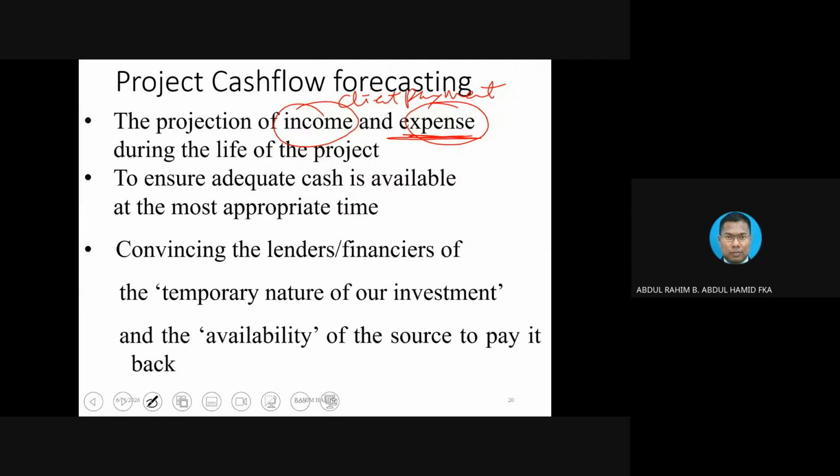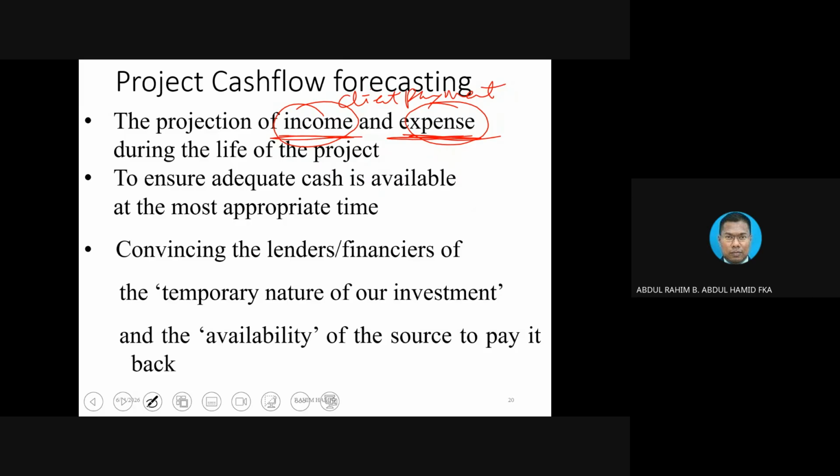You cannot stop paying worker salary for that particular month by giving the excuse, hey, can I pay you the following month because I didn't get payment from the client? There is no way to do that. You have to pay the supplier, you have to pay the subcon because they also need money. Expenses never stop. But the problem is income, client payment.